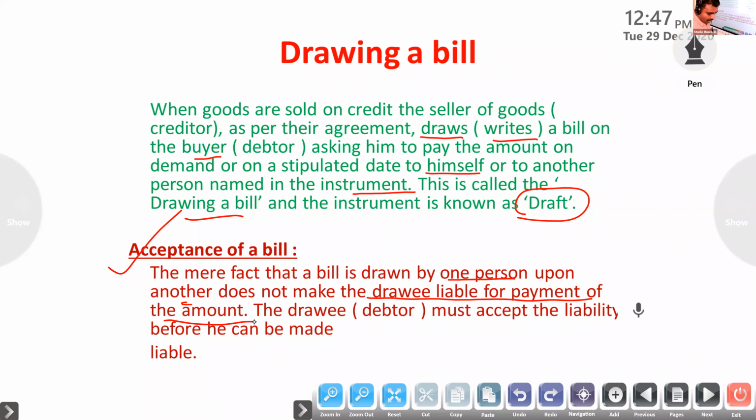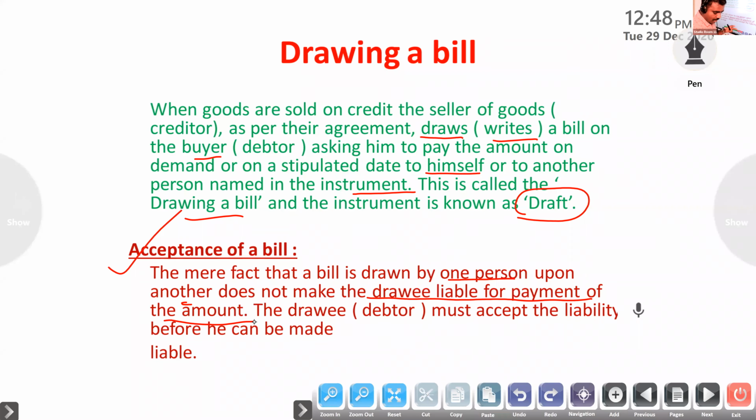Only when the drawee accepts the bill. Means the drawee must accept the bill before he can be made liable. So then only it will become a valid bill of exchange.